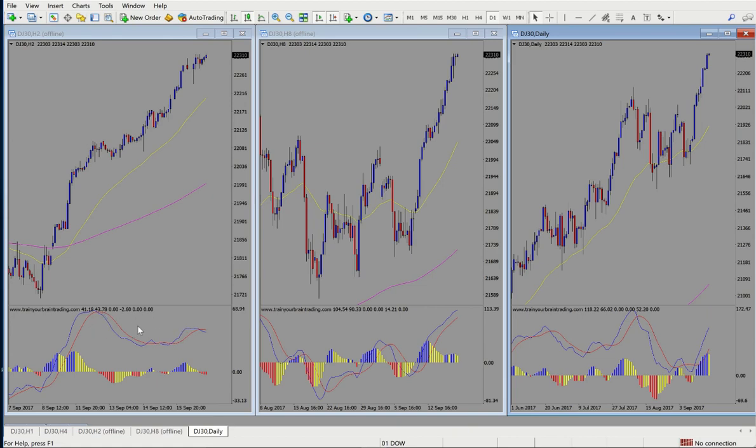Now we can see trading strategy number one here on the 2 hour. Do we have an entry for that yet? We have no entry triggered for that. It's a valid setup though. On the daily chart, price went to this high, MACD went here. Price went even higher, the MACD is lower. Now the key is, even though we see this smaller hump right here in the MACD, overall it stayed above the center line, right?